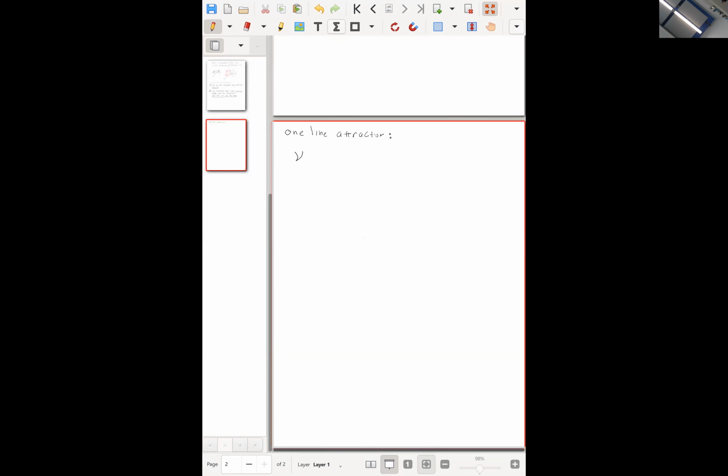So nu_i equals phi of the sum over j of w_{i-j} nu_j, where w_{i-j} is symmetric: w_{i-j} equals w_{j-i}.